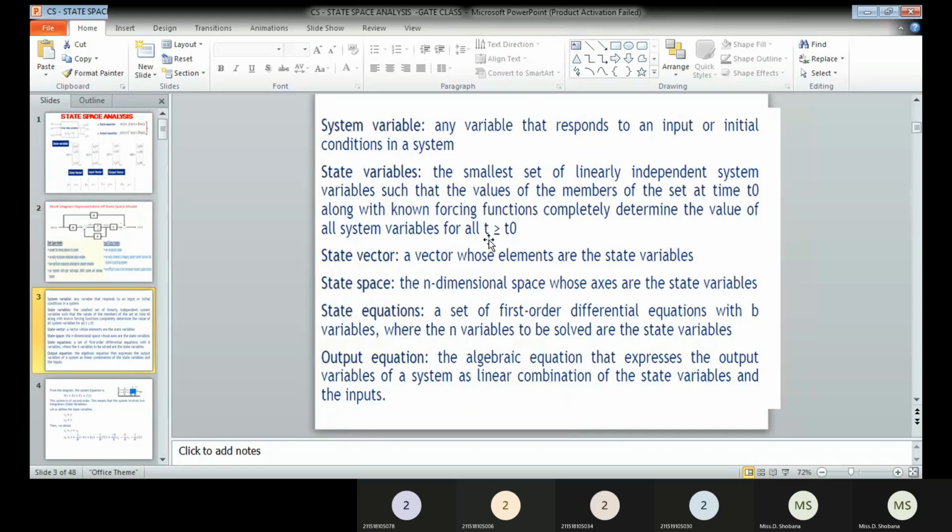All of that is determined for t greater than or equal to 0. If we have state variables, we will have a state vector. Then we will have an n-dimensional state space, so it can be represented in state space. From the state space we can derive the state equations, and once you get the state equation, you can also obtain the output equation.